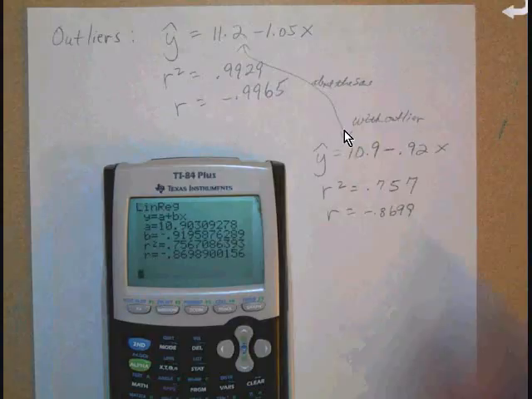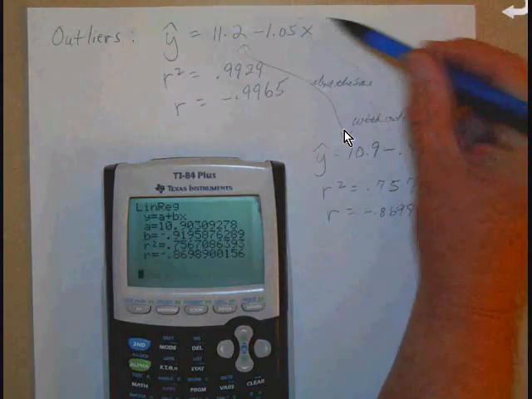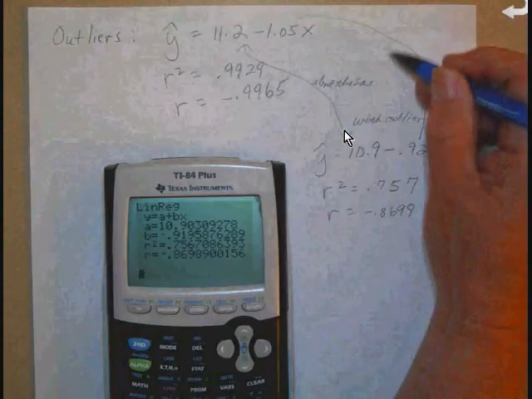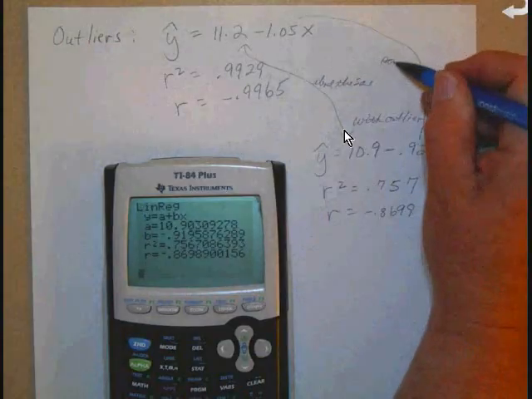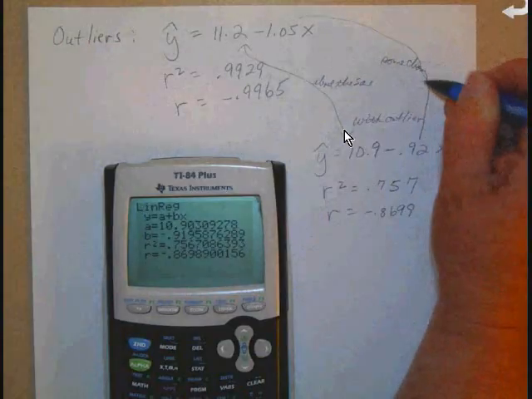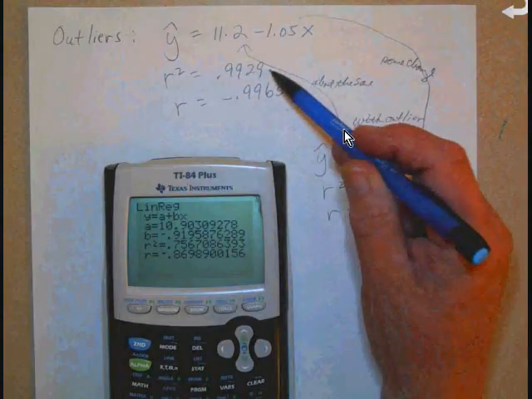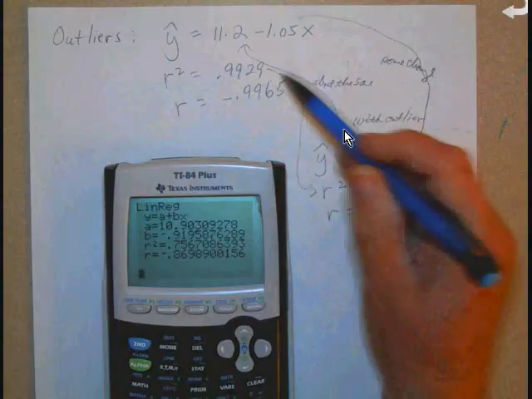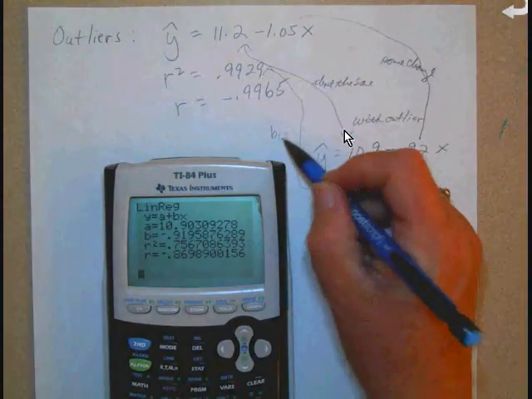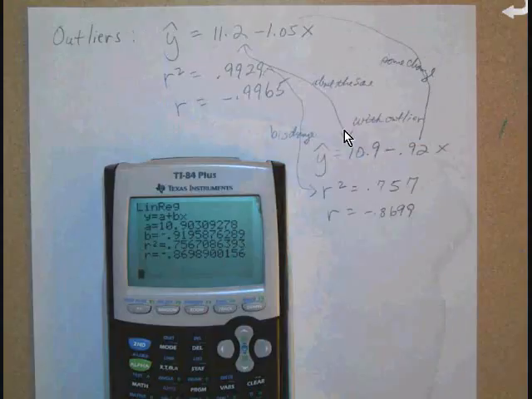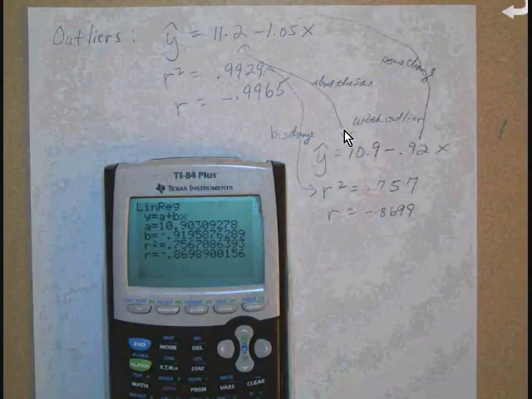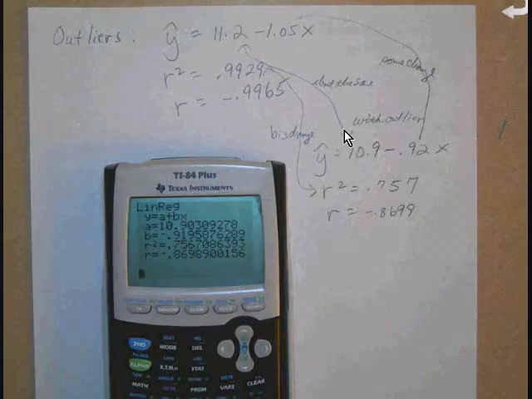It's made a little change with the slope. And really influenced my r squared. Okay, so if I'm really affecting the r squared or the r value, I have what's called an influential outlier.